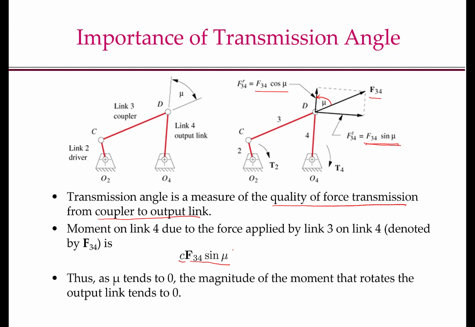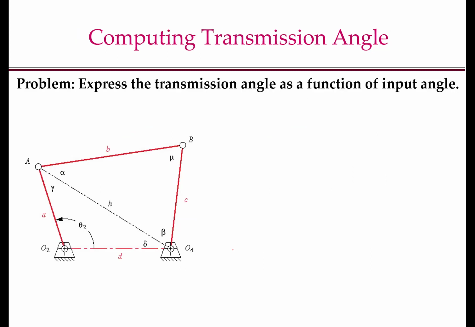Now, as mu tends to 0, the magnitude of this moment that rotates the output link tends to 0. So a lower value of the transmission angle means that the quality of the mechanism is lower. We usually prefer higher values of transmission angle. Higher values of transmission angle mean that it is easier to rotate the output link for the same value of F34.